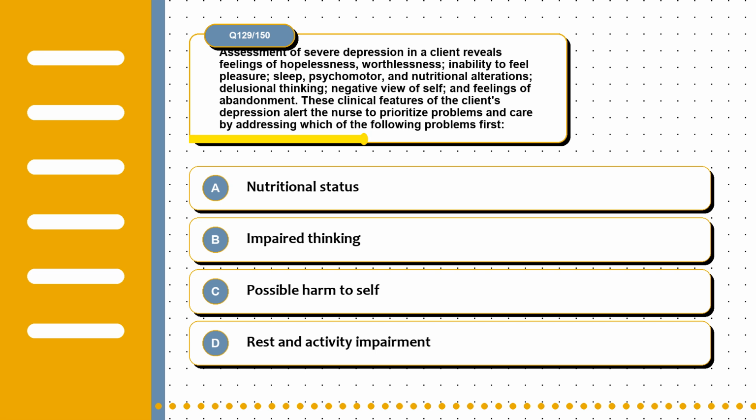These clinical features of the client's depression alert the nurse to prioritize problems and care by addressing which of the following problems first. Here are the options. Option A, nutritional status. Option B, impaired thinking. Option C, possible harm to self. Option D, rest and activity impairment.